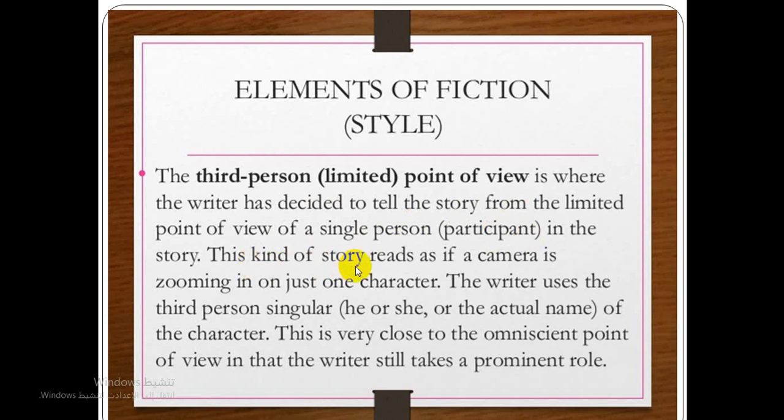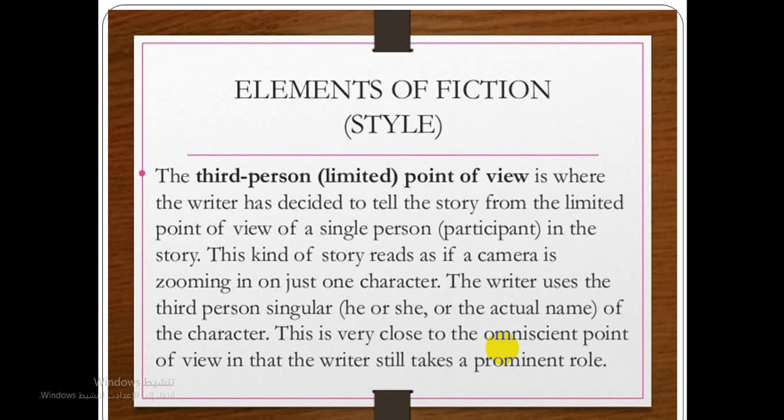This kind of story reads as if a camera is zooming in on just one character. The writer uses the third person singular he or she or the actual name of the character. This is very close to the omniscient point of view in that the writer still takes a prominent role.